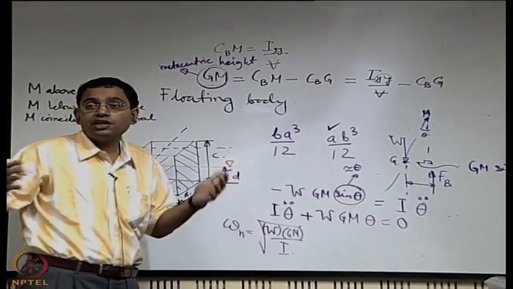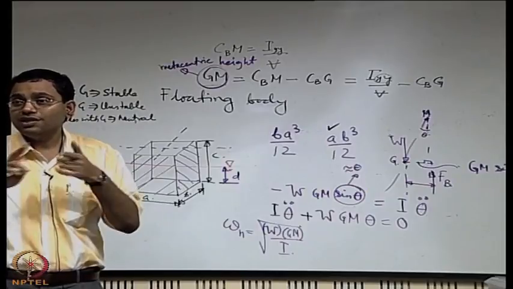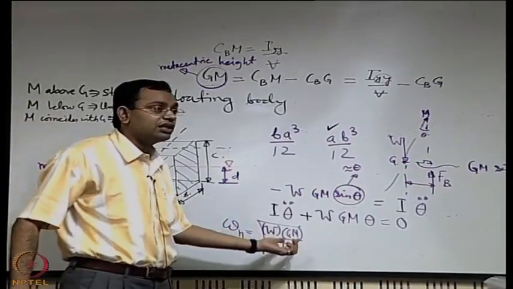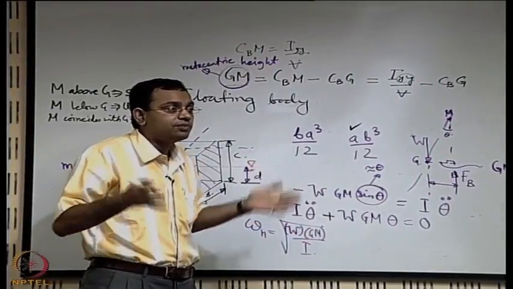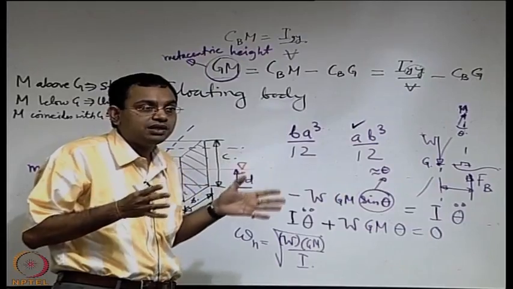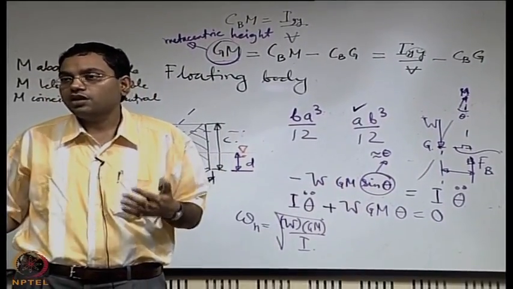So if it is a ship, it will be more uncomfortable to the passengers. These are two conflicting designs. The greater the metacentric height, you expect it to be safer in terms of stability, but it will have more oscillation within that stability regime. That means for a passenger it may be quite uncomfortable.